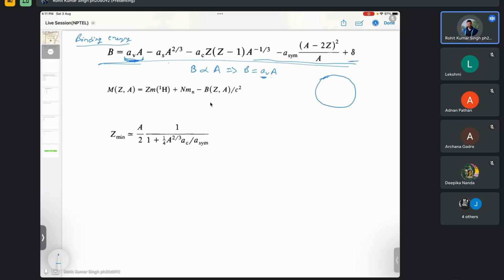But then we think that not all of the nucleons inside the nucleus are in the same condition.